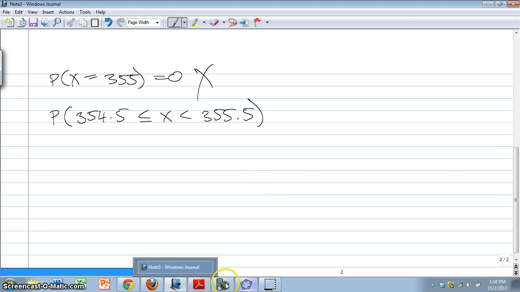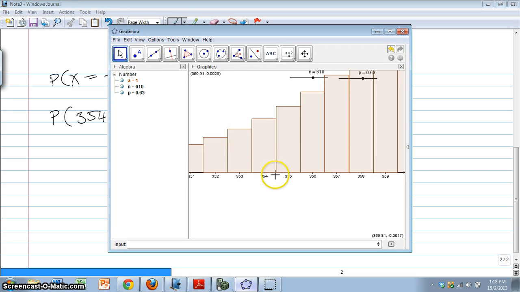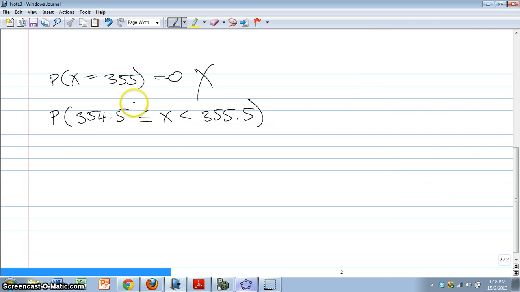And that's precisely what's over here. It's between 354.5 and 355.5. Now, I've included this less than or equal to and this less than because this makes everything neat, but as you well know, I can ignore the equals sign if I need to, because this is now a continuous distribution. So this is what we call a continuity correction.